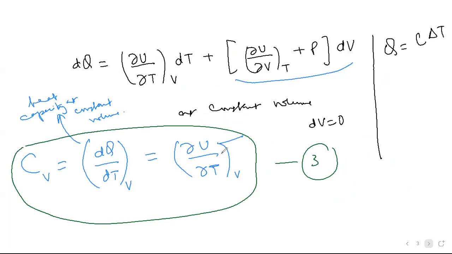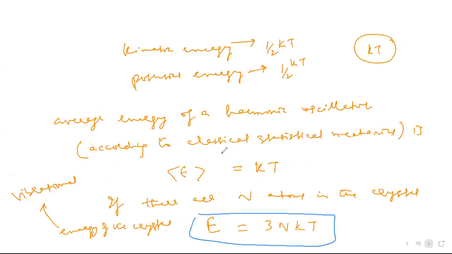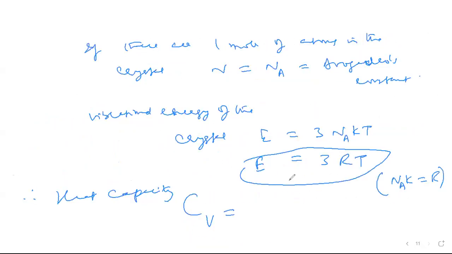Here, in case of solid, this internal energy is the vibrational energy of the crystal, and we have established using classical theory that it is 3RT if we have 1 mole of atoms in the system. So what is Cv then?